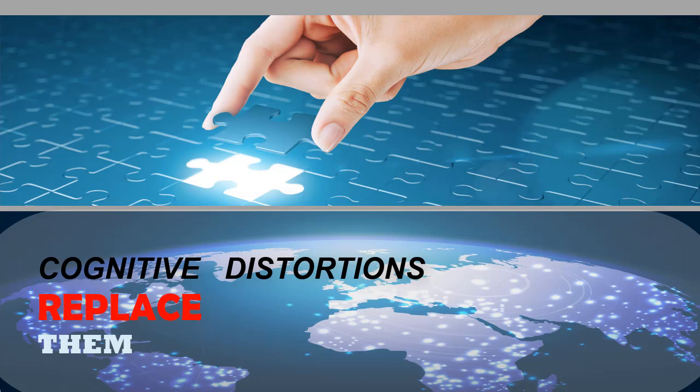Thoughts that allow us to reframe and to see our situation more realistically and rationally. Only then do we become empowered and really in control of how we feel and how we act. There you have it, cognitive distortions.